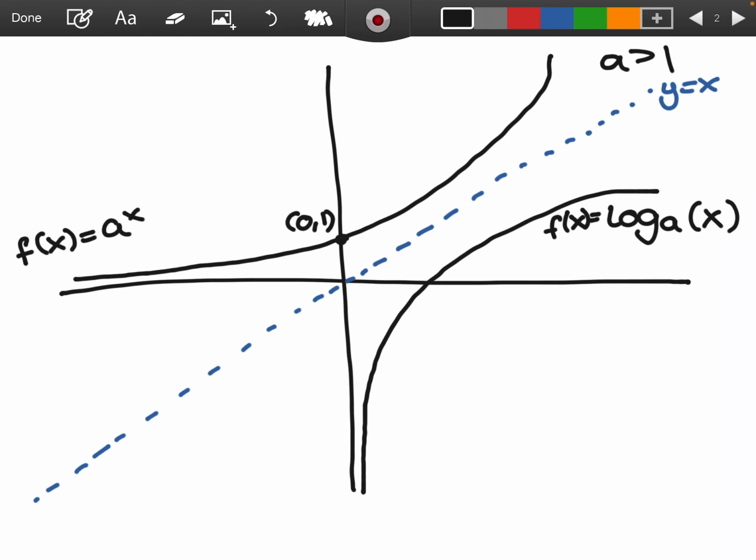Remember, when we drew the graph of a to the x, where a was between 0 and 1, that graph was actually flipped in the y-axis, and then it would be the mirror image of that graph in y equals x to get the graph of log base a of x for a between 0 and 1.